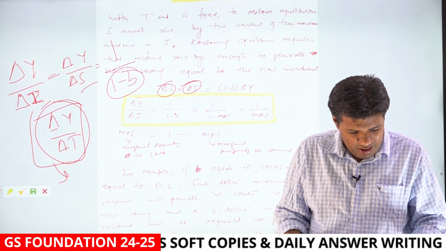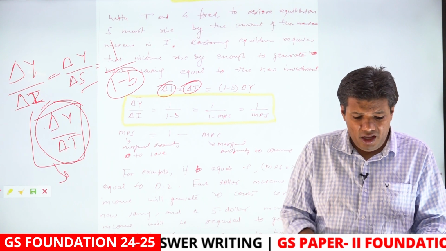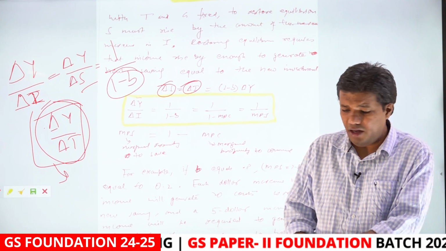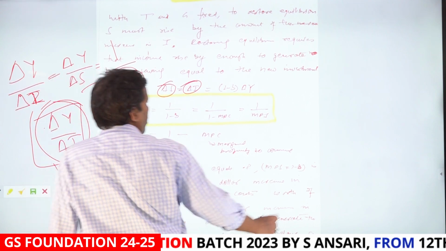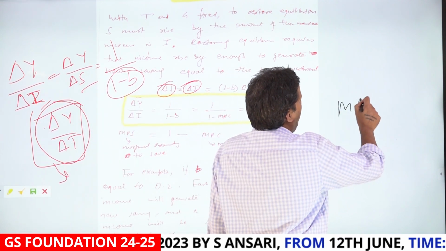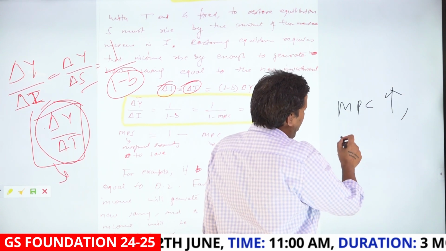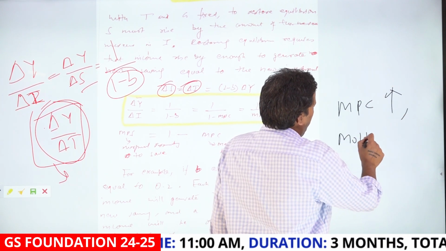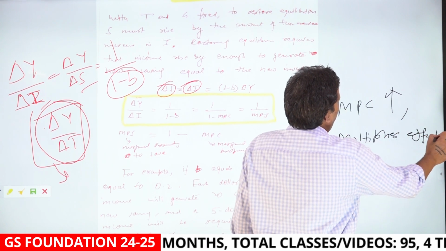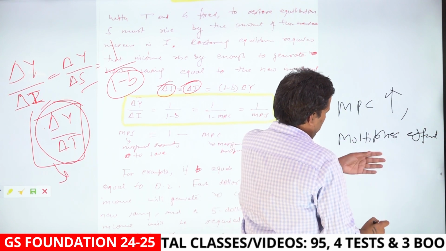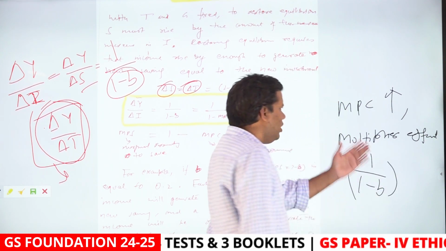Okay, and if I say that if your MPC, marginal propensity to consume, is high, it means a higher multiplier effect. Okay, the multiplier effect, that is 1 upon 1 minus B.